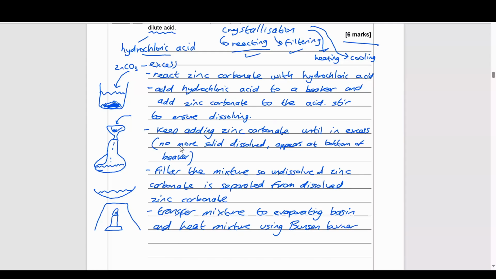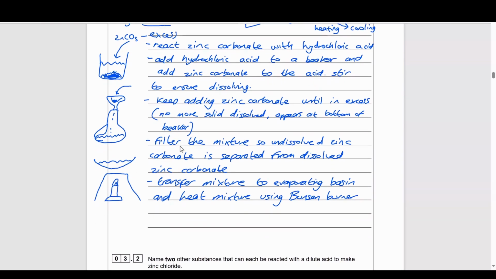Now, what are we going to wait for when we heat this mixture? We're going to wait for evaporation to have occurred. And how we know that that is occurring is we should expect our liquid to decrease in its volume, and then we should start to see solid appear. And those will be these solid crystals.